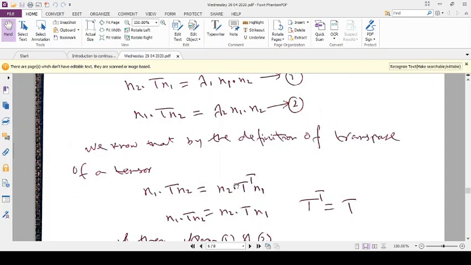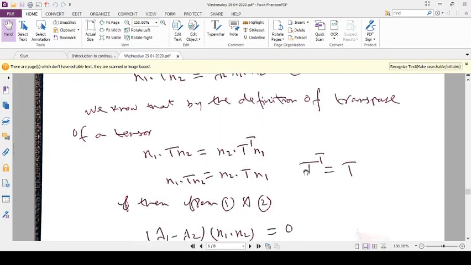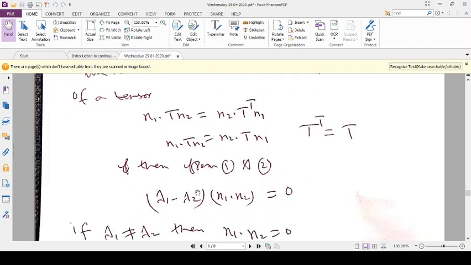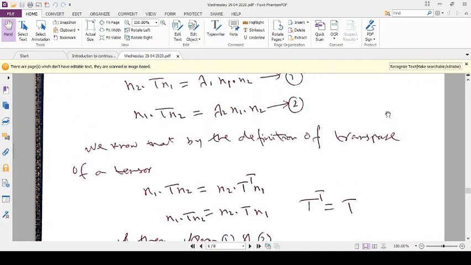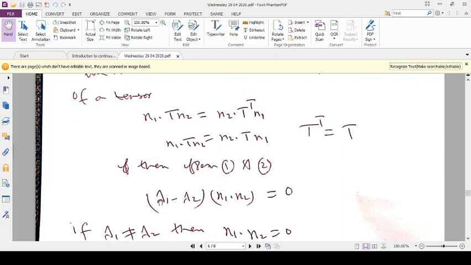So using this in these 2 equations 1 and 2, you can write this equation, because with the help of this you can see that the left hand side of these 2 equations is the same, then the right hand sides will also be the same, and you can take one side to the other side. From that you have lambda 1 minus lambda 2 times n1 dot n2. This would be common, and in the parenthesis we have lambda 1 minus lambda 2.